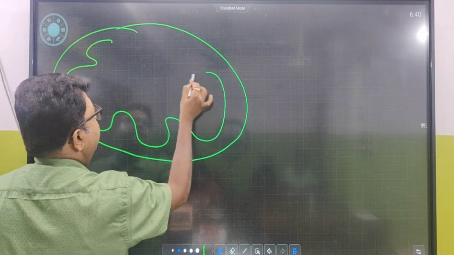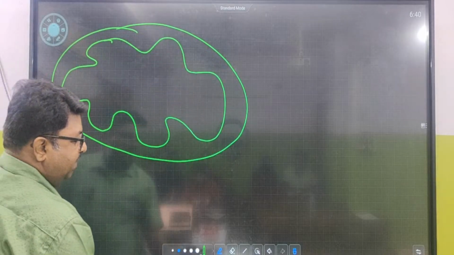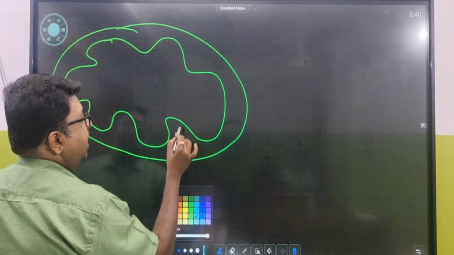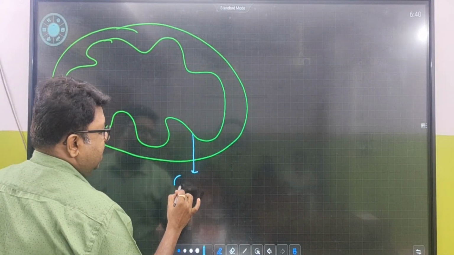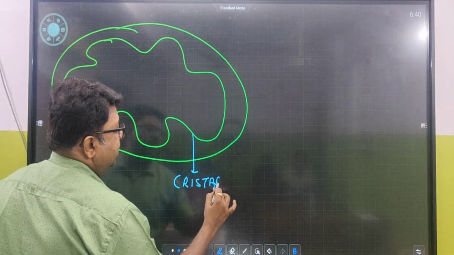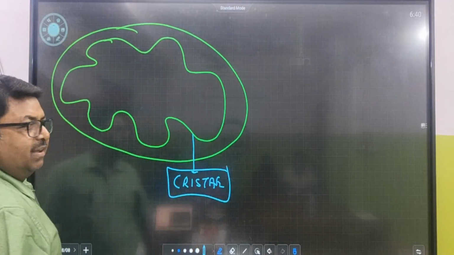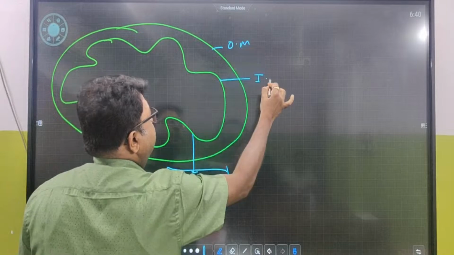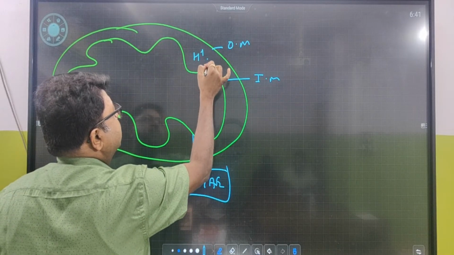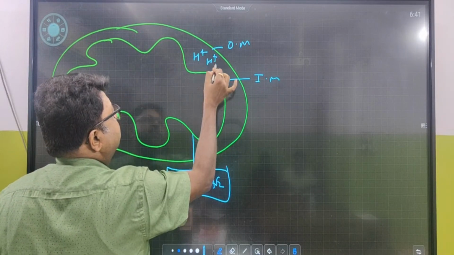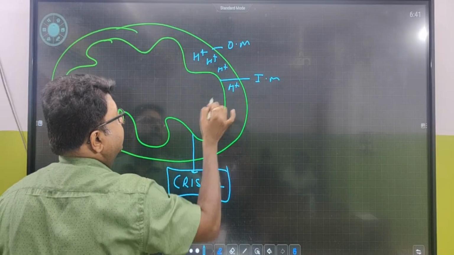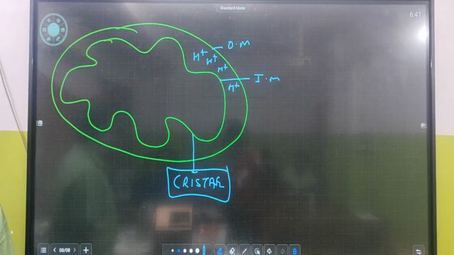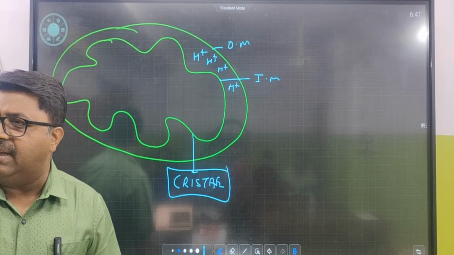This is the inner membrane, and you can see the inner membrane has more surface area. In lower classes we learned that these are cristae. Between the outer membrane and inner membrane, can you see some gap? What is present in this gap is H plus ions.